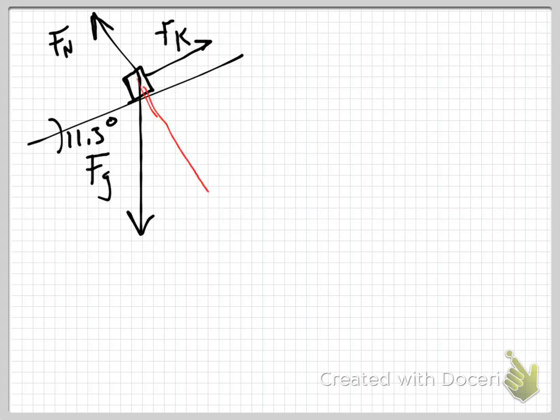A number of people seem to want to put in an applied force here, and anytime you're thinking about a slope situation where something is sliding down a slope, imagine as your mental touchstone yourself on a sled on a hill. If you're in the middle of the hill, do you need to be pushed? No. That's what you need to think about in those situations, and then you don't put in an applied force.